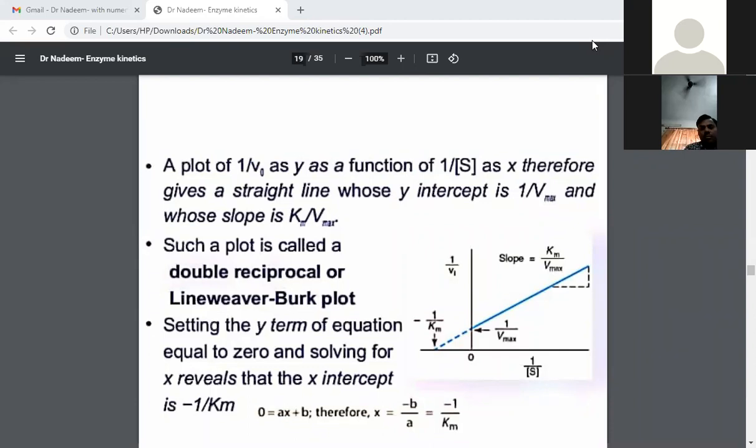To know these important variables, Km, the Michaelis constant, and Vmax, the maximum velocity of the enzyme catalyzed reaction, you have to follow either of two plots: the Lineweaver-Burk plot or the Eadie-Hofstee plot, for their measurement.